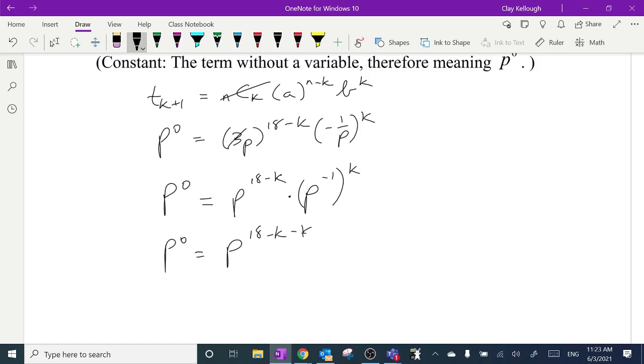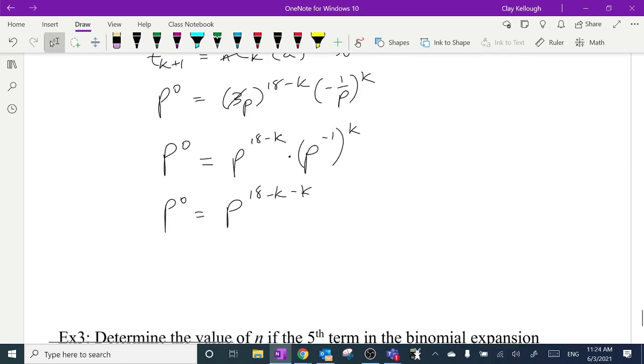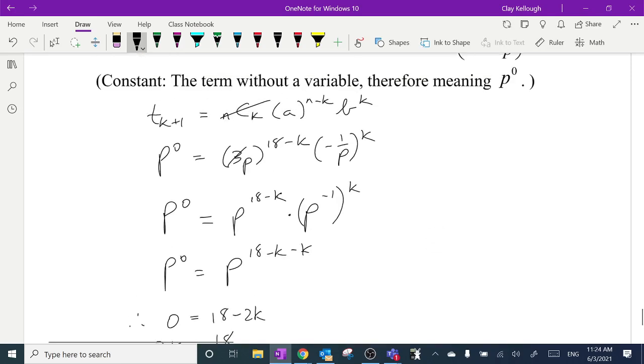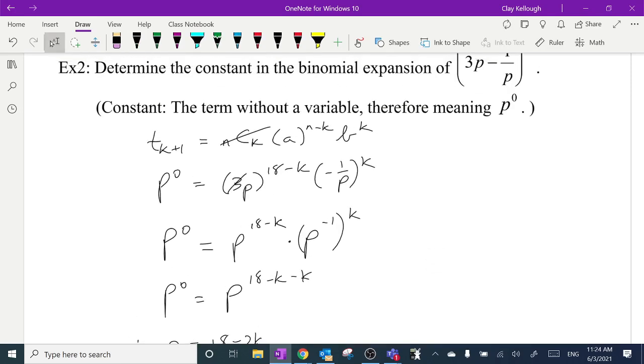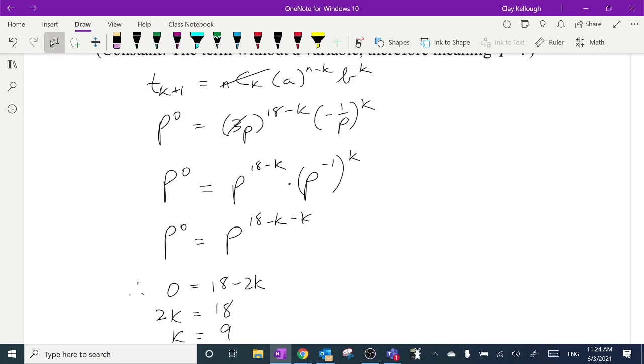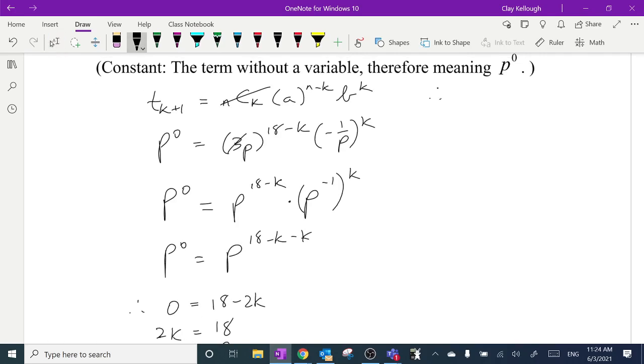Sorry, minus k, not minus 1, because negative 1 times k is negative 1k. And then I can turn that into an equation. Therefore, 0 is equal to 18 minus 2k. So 2k is equal to 18, so k is equal to 9. So now that I know k is 9, I can go back to this formula and put in everything I'm looking for. So if k is 9, then this is the 10th term.